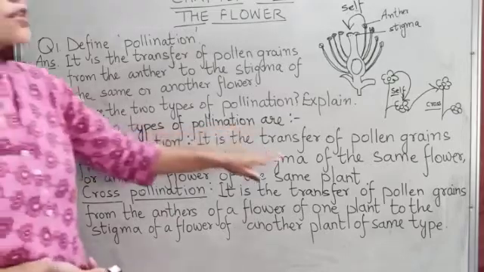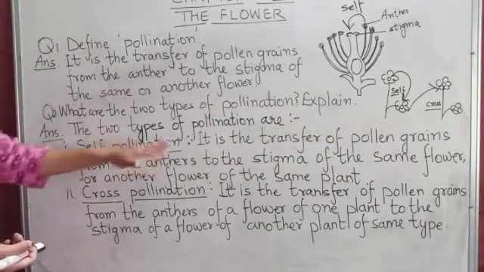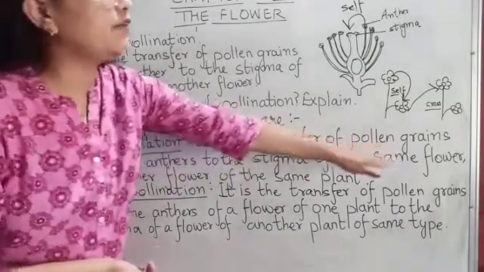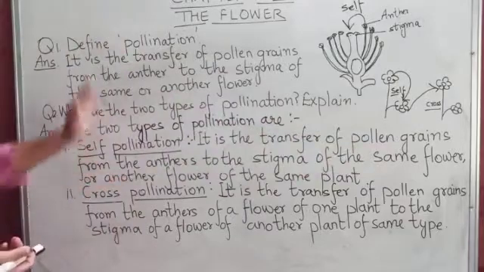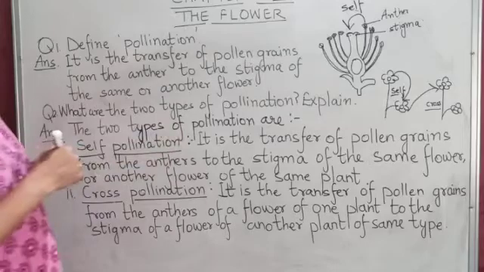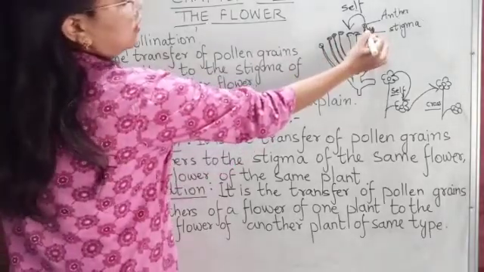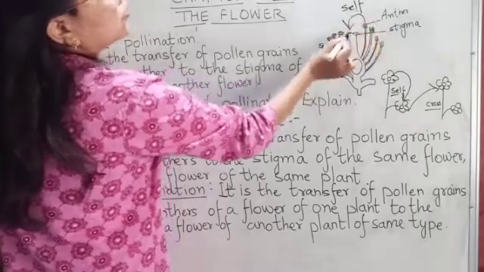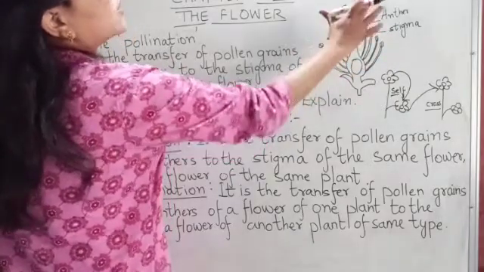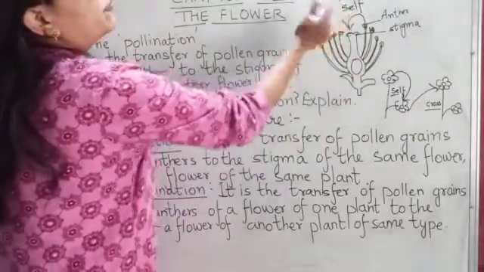It is the transfer of pollen grains from the anthers to the stigma of the same flower or another flower of the same plant. Just now I told you that when pollen grains from the anther transfer to the stigma of the same flower, this is known as self-pollination.